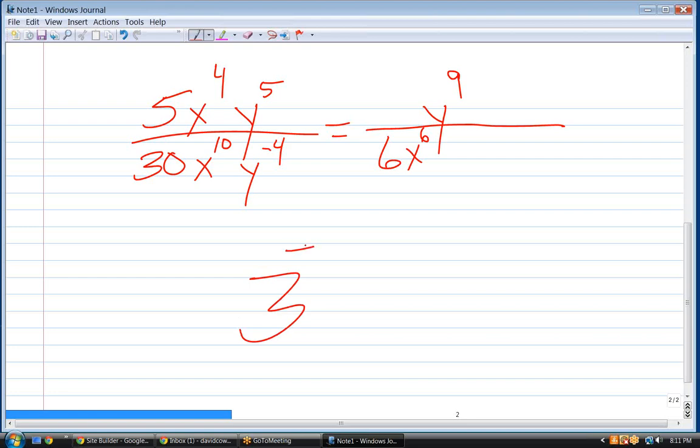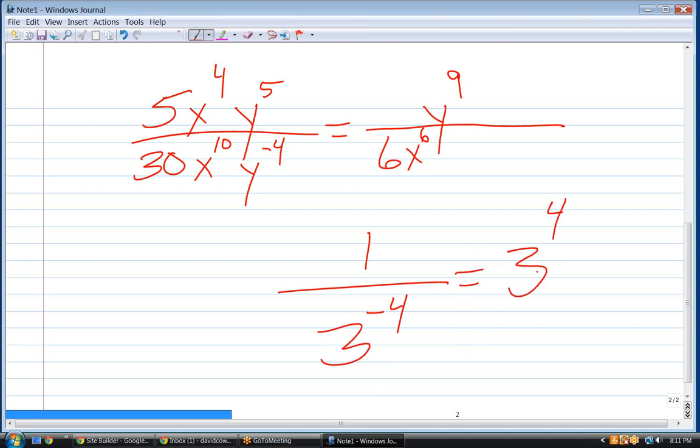If I say 3 to the minus 4th, that is 1 over 3 to the positive 4th. And in fact, if I say 1 over 3 to the minus 4th, that's the same as 3 to the 4th. So the negative exponent only has one meaning. It means the reciprocal.